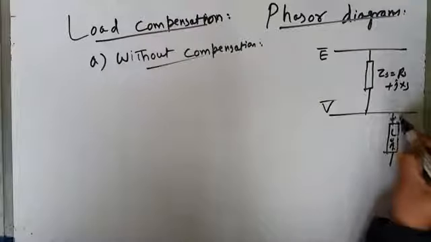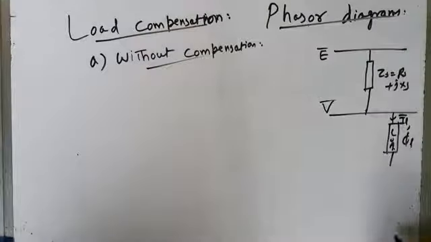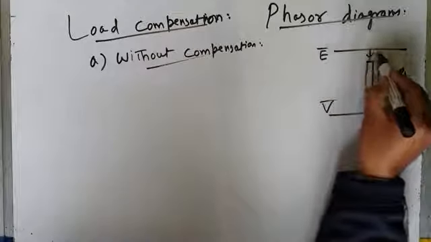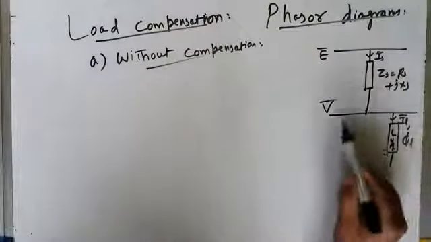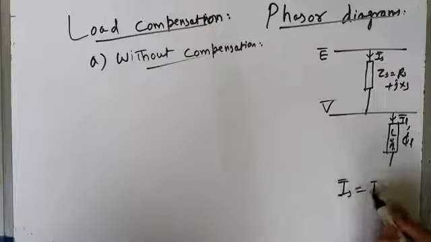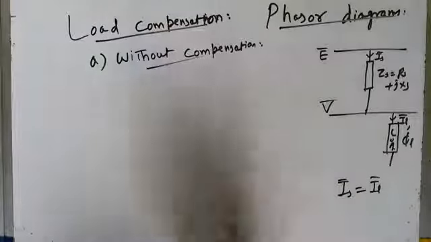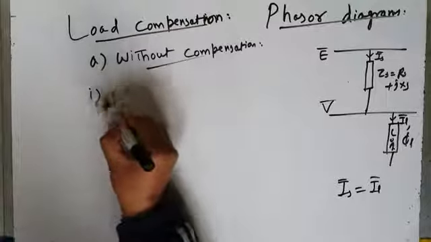It may be a reactive load drawing a load current IL at a power factor angle phi L, and this is the source current. In this case, we are not going for any compensation, so the source current is the same as the load current.